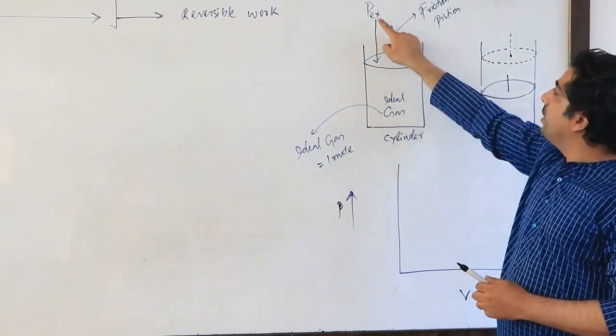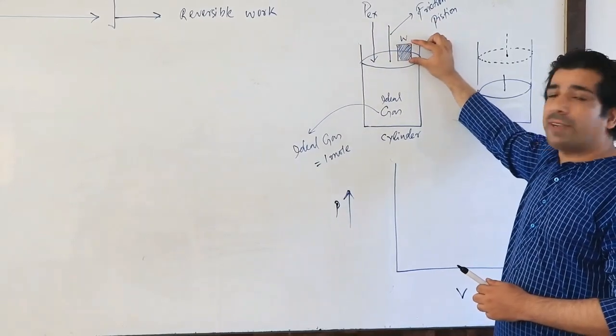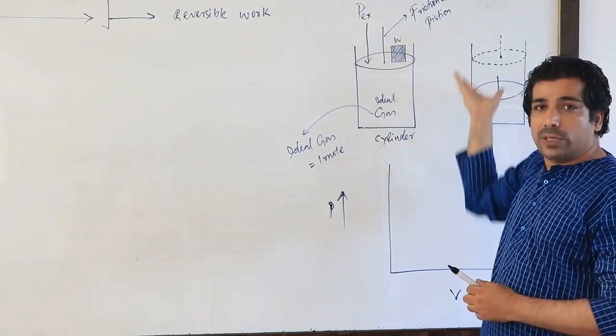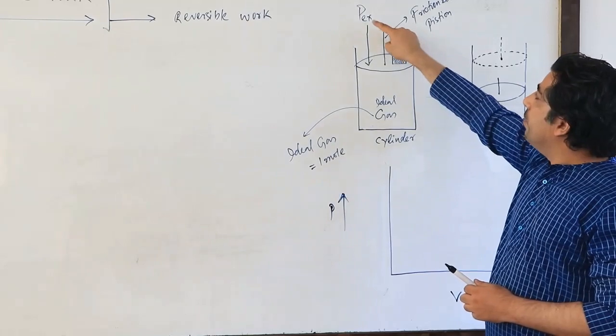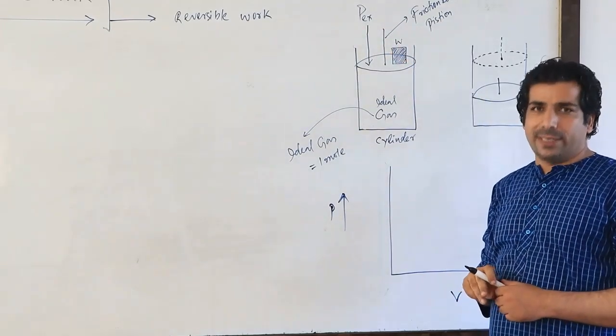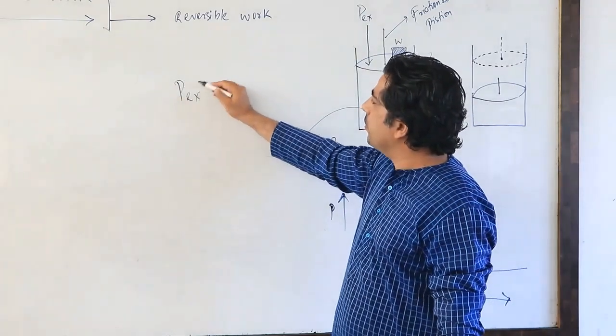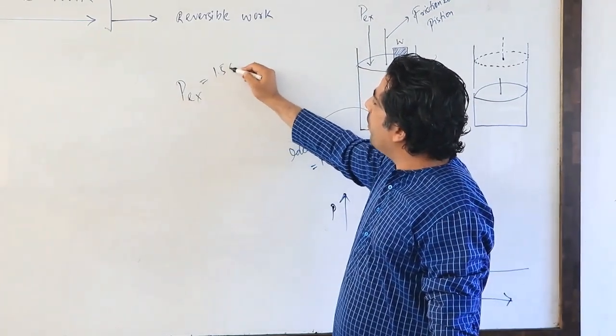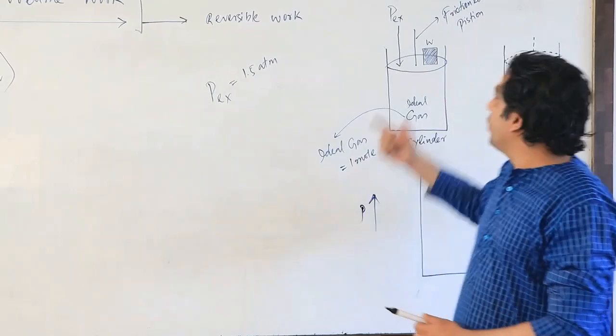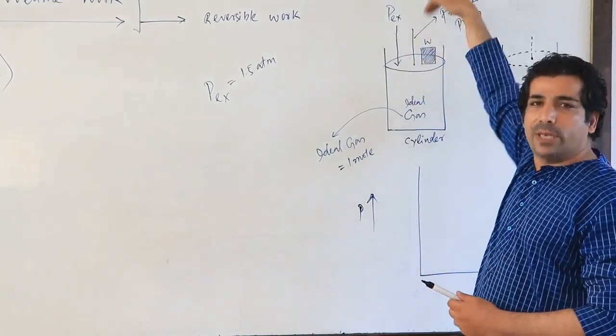Let us suppose because of this weight which I have kept over the piston, we have gotten some P external. That external pressure is, let us suppose, 1.5 atmosphere, because of this weight and because of the atmosphere also.